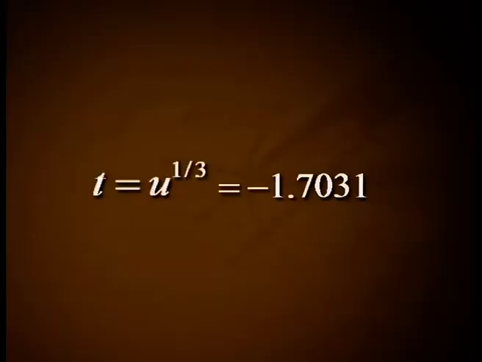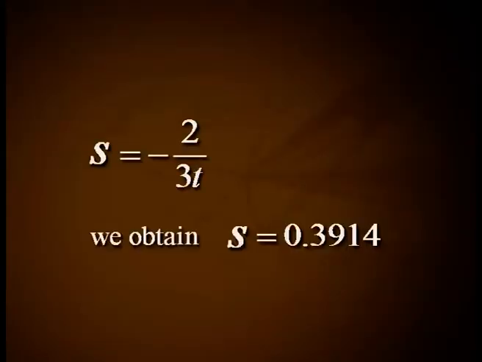We take the cube root of the value with the largest absolute value and obtain t equal to u raised to 1 by 3 equal to minus 1.7031. Putting this value in s equal to minus 2 by 3t, we obtain s equal to 0.3914. Hence, one of the roots of the given equation is s minus t equal to 2.0945.